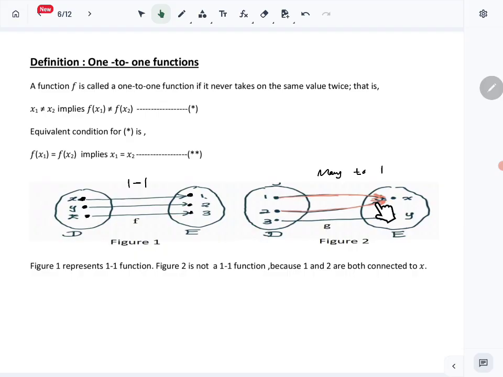So 1 and 2 are both giving you the same output. Because of that, this is not one-to-one. If it is one-to-one, it never takes the same value again. Right.